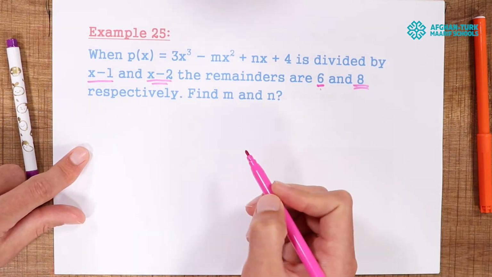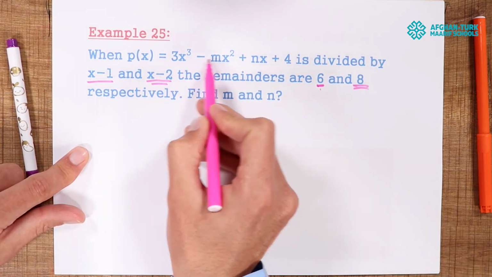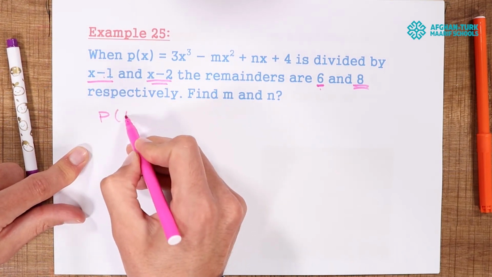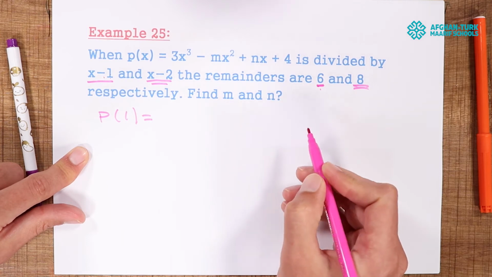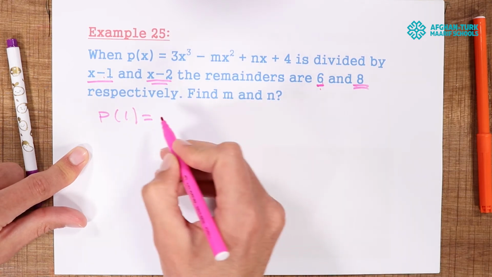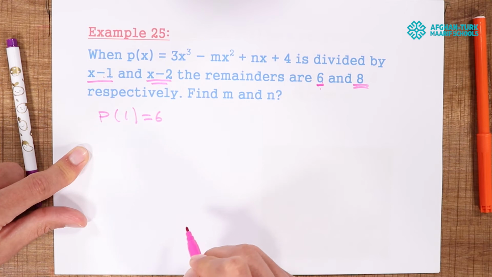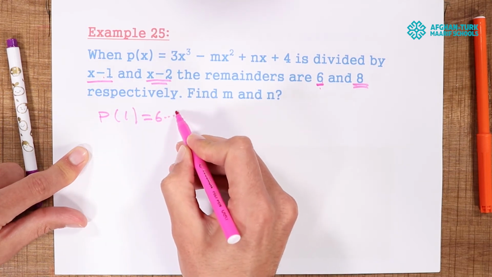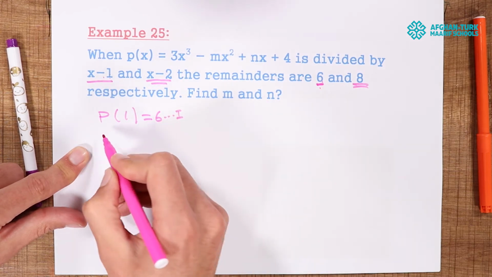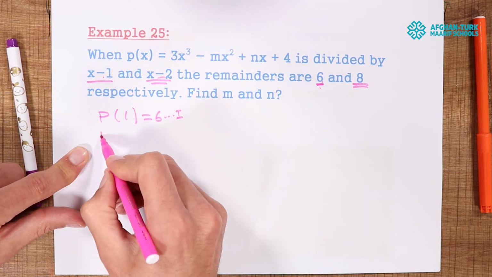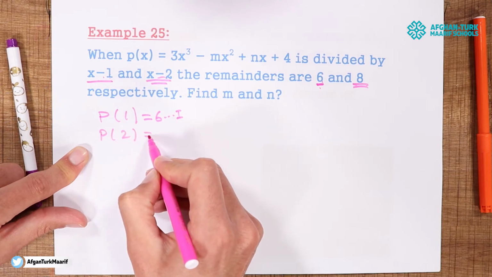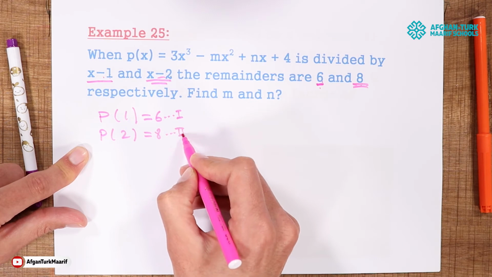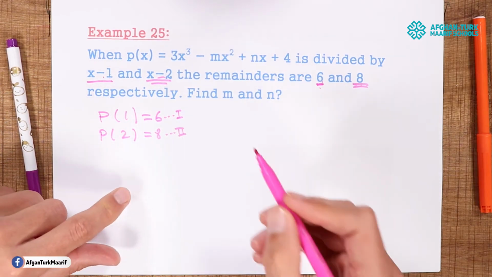So in here, as we said before, when you divide this by x minus 1, the remainder will be p of a. a is 1, so p of 1 is 6. Let me call this the first equation. And p of 2, which is the remainder, is equal to 8. Let me call this the second equation.